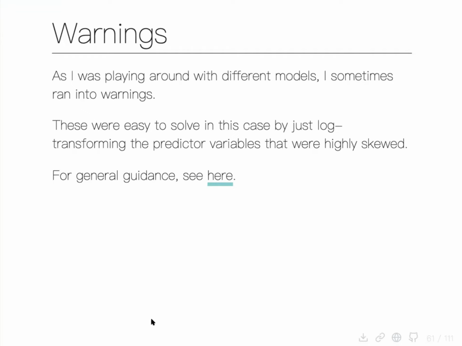But I ran into warnings, so I ended up log transforming that, and that got rid of all the warnings. But there is a link here for more general guidance on how to handle warnings for models. There are a bunch of different things, like you can change what's called the tree depth, and that's not going to change your model as much.